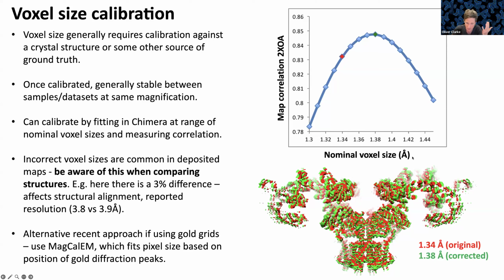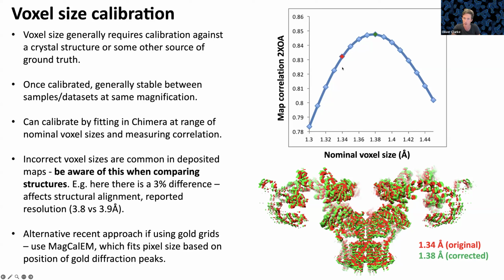But on the practical level, how do you actually deal with this? There are a few different ways you can approach it. The historical way that we've used is to calibrate the voxel size by manually fitting a crystal structure, either of the whole protein or a domain, in Chimera, and measuring the correlation to your map at a range of nominal voxel sizes.